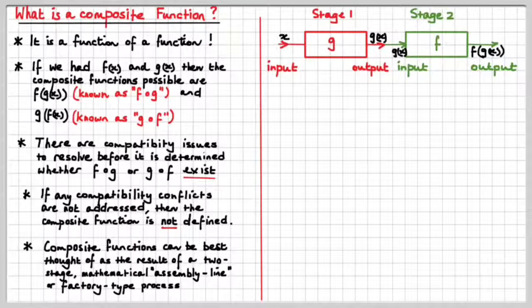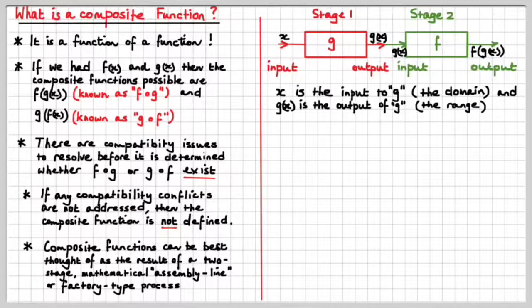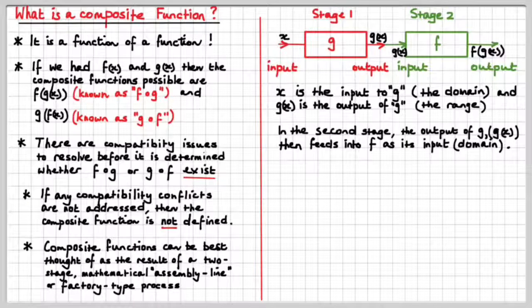Now that is the process in simplicity, okay? X is the input to the g process, which is the domain, and g of x is the output of the first stage of g, which is the range of g. You get that, don't you? In the second stage, the output of g here becomes the input into the f stage, okay? It is the domain of this second stage, because remember, think of this like a conveyor belt.